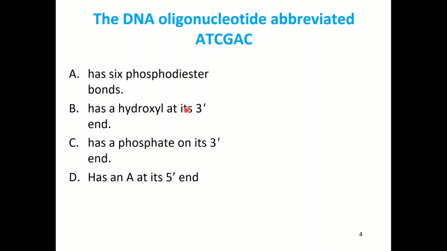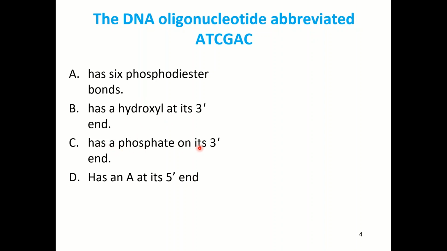It has a hydroxyl at its 3' end. If you remember, when you see a sequence like this, it's written in the 5' to 3' direction. So the 3' would be over here, and yes, in fact, there is a hydroxyl at the 3' end of DNA sequences. So that is correct.